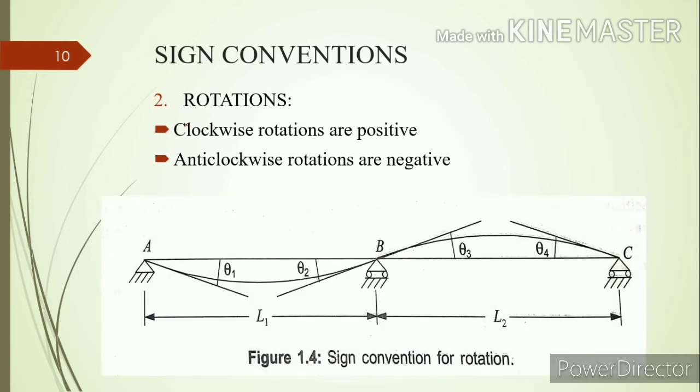The figure shows the sign convention for rotations. Here a continuous beam ABC is given, and after the application of different loads the member gets deformed to a new shape. So theta is the slope of the deformed shape.